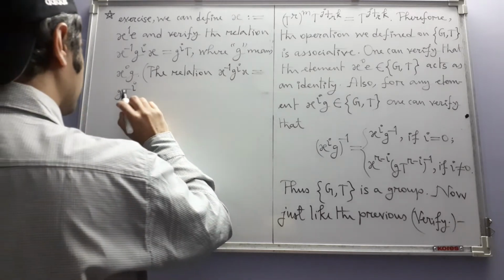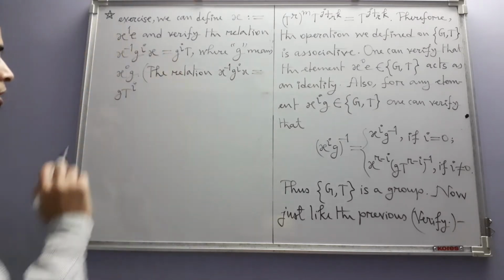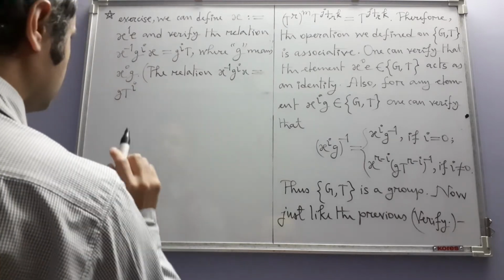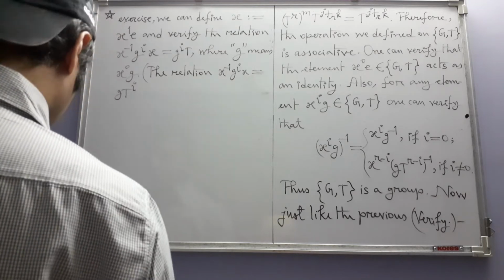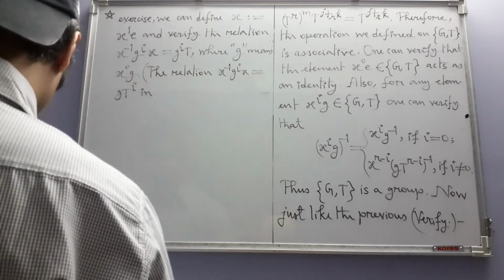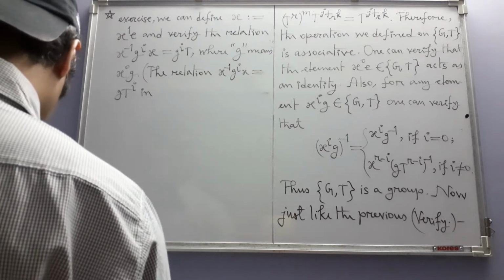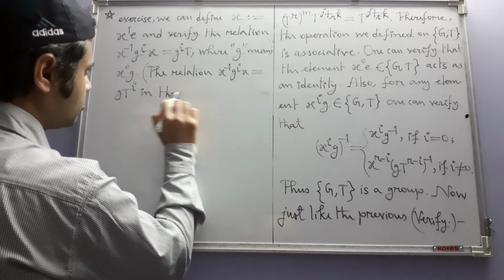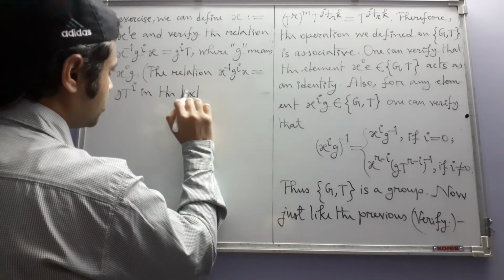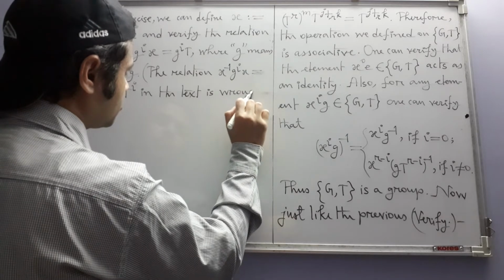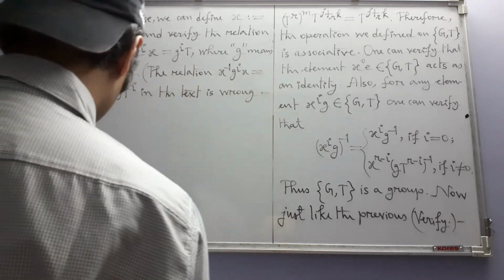The meaning of g t to the power i and g to the power i t are entirely different, and the fact that it is wrong is also going to be shown by us.